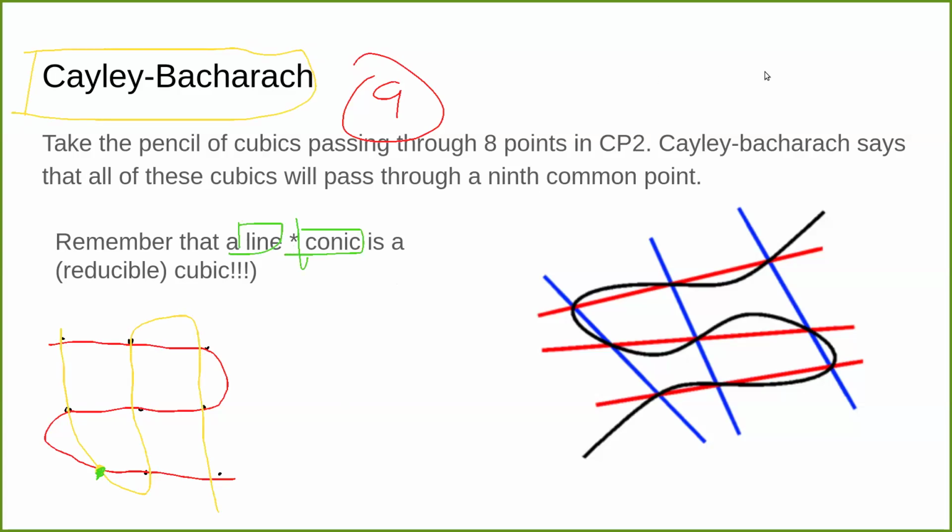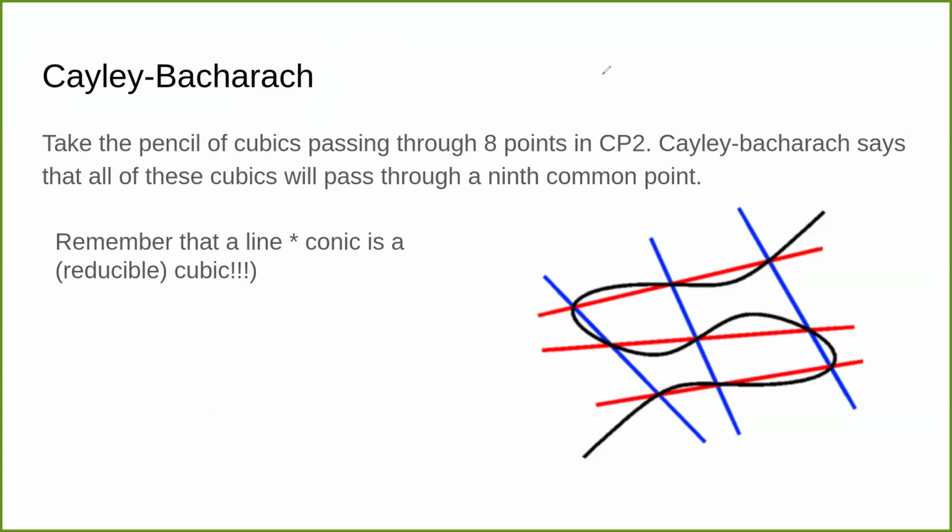So this also means that if you have 8 points in the plane, there's a way to determine a ninth point such that all cubics through them pass through it. And there's a really nice construction at this point, but it's kind of complicated. So the intuition behind this theorem is that if you have two cubics, they would intersect at 9 points, right?